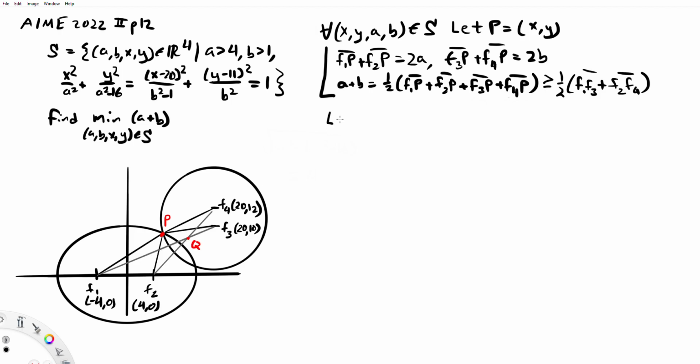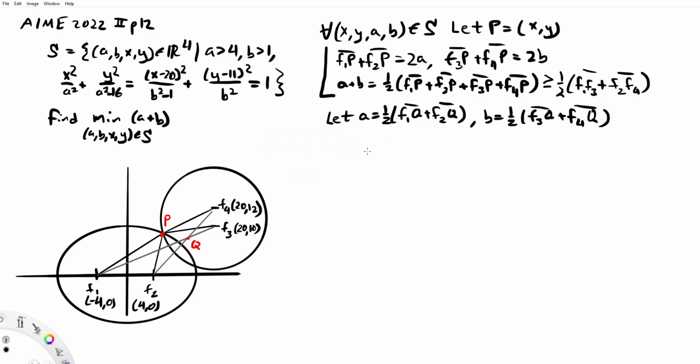So in other words, let's just let A equal 1/2 of F1 to Q plus F2 to Q, and let B equal 1/2 F3 to Q plus F4 to Q.